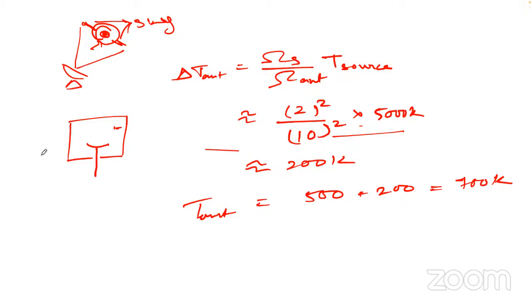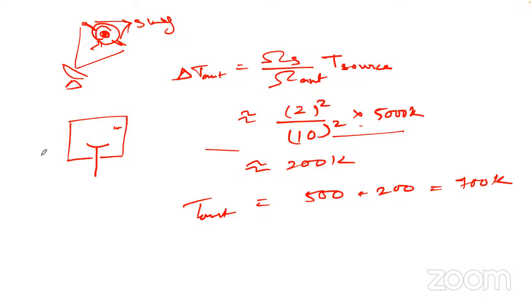Now, coming to the receiver temperature, it depends upon the environmental temperature and also the noise figure. I am saying the ambient temperature means the environmental temperature in which the receiver is kept, as well as the sky temperature. Both are the same, 500 Kelvin.